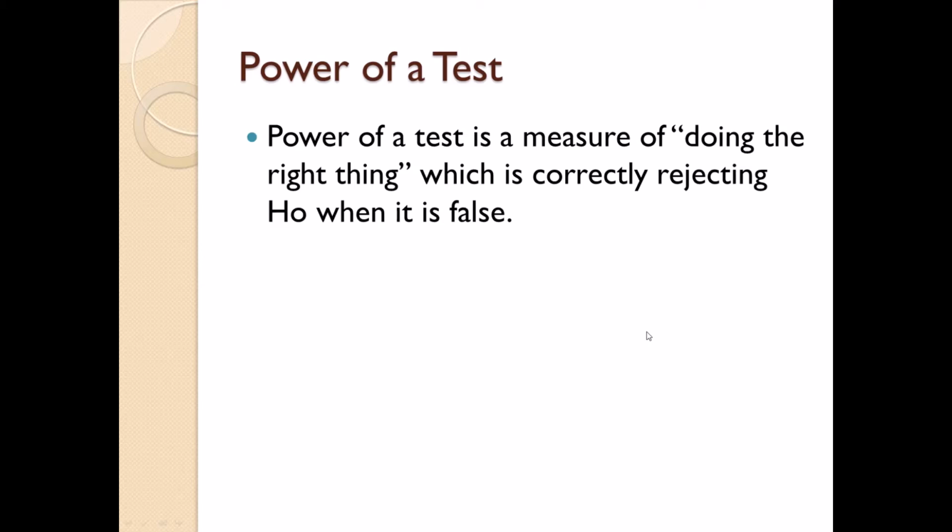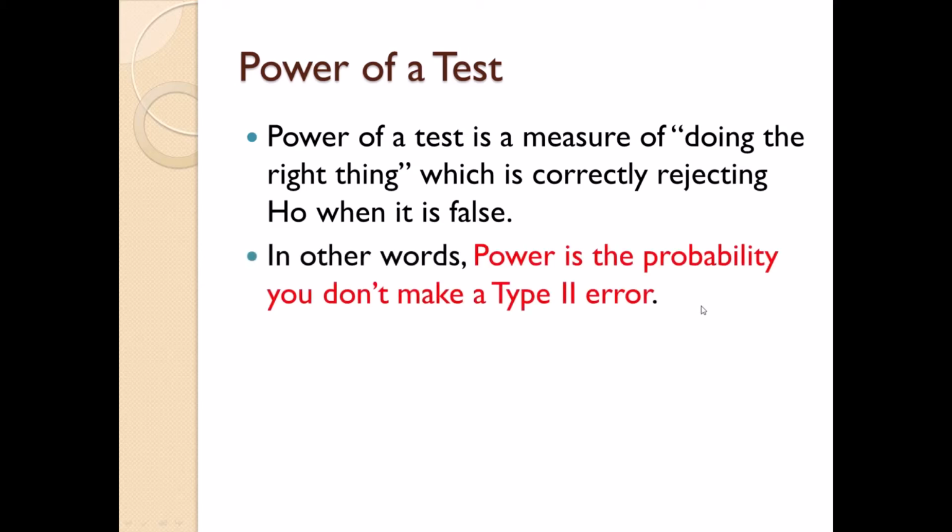And if the chance of doing that is high, then that's actually the power. So in other words, power is the probability that you don't make a type 2 error, right? If it's the worst of the two, we want to make sure that we do reject H0 when we're supposed to. So numerically, power equals 1 minus beta.